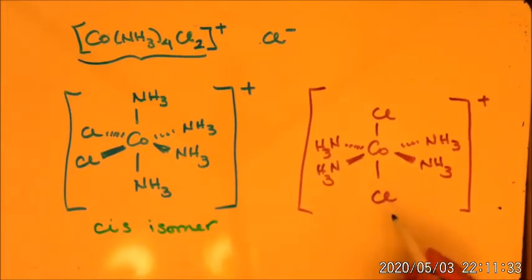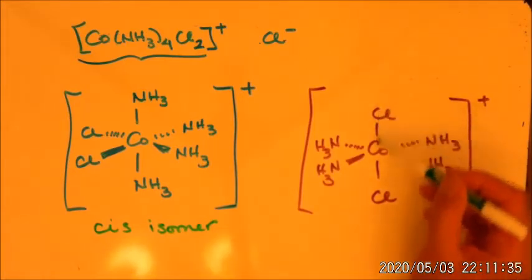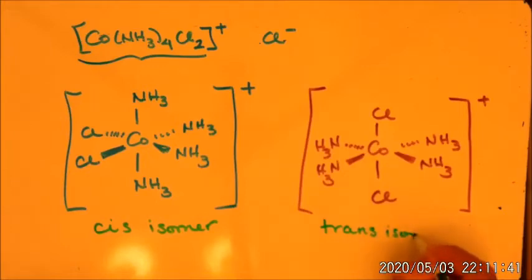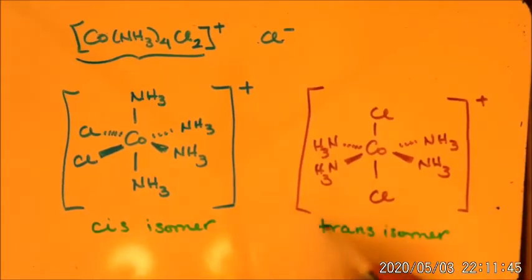This one has them on opposite sides of the cobalt. This is a trans isomer. They have different physical properties, different colors. These are geometric isomers of each other.